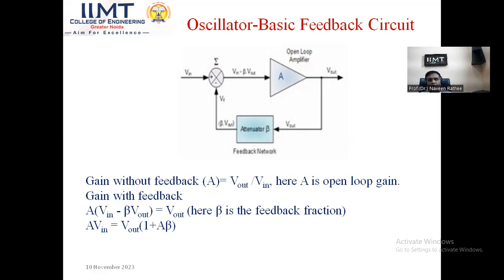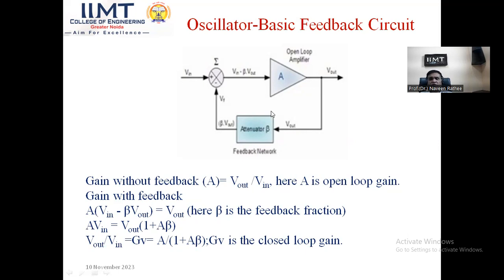So now we can find the gain with feedback, V out upon V in, which will be equal to GV, that is the gain with the feedback network. GV will be equal to A upon 1 plus A beta, and this is the final expression of the gain with the feedback, because now it is a closed loop circuit, not an open loop circuit. So this gain needs to be considered for the oscillations.